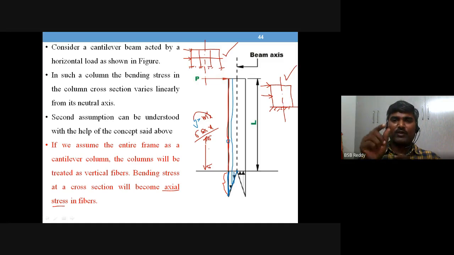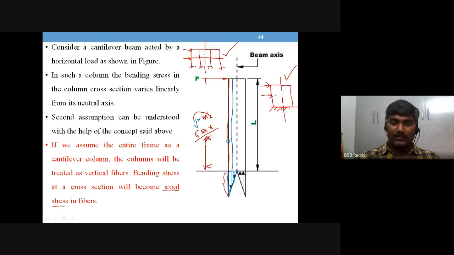So the bending stress for the total frame becomes axial stress for the column, because it is like a fiber in the cantilever, one layer. The column is like one layer in that cantilever. So this is the idea behind the second assumption, how the second assumption is taken.